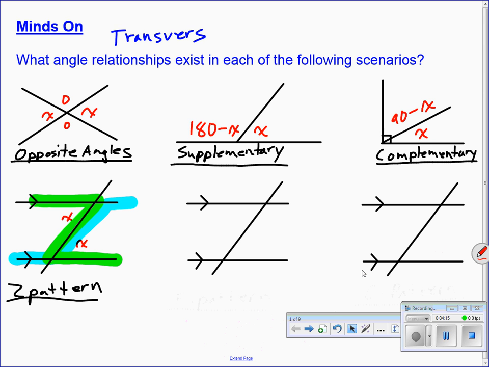We have an angle here, let's call it Y, and another matching angle Y here. You'll notice that when we have Z patterns with a transversal, there are always only 2 Z patterns per transversal.